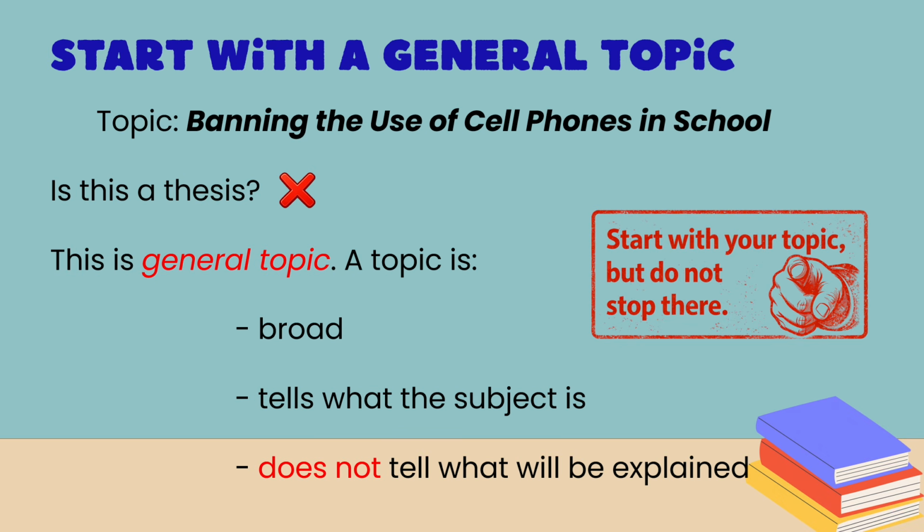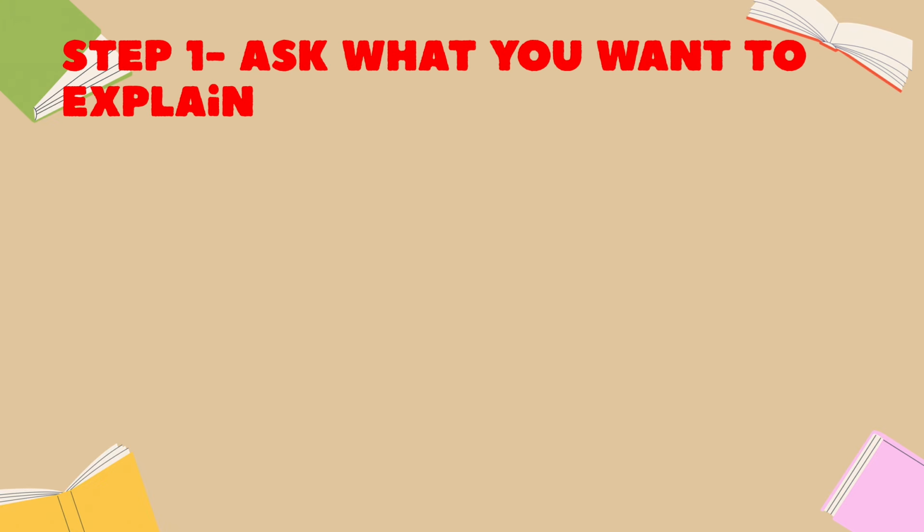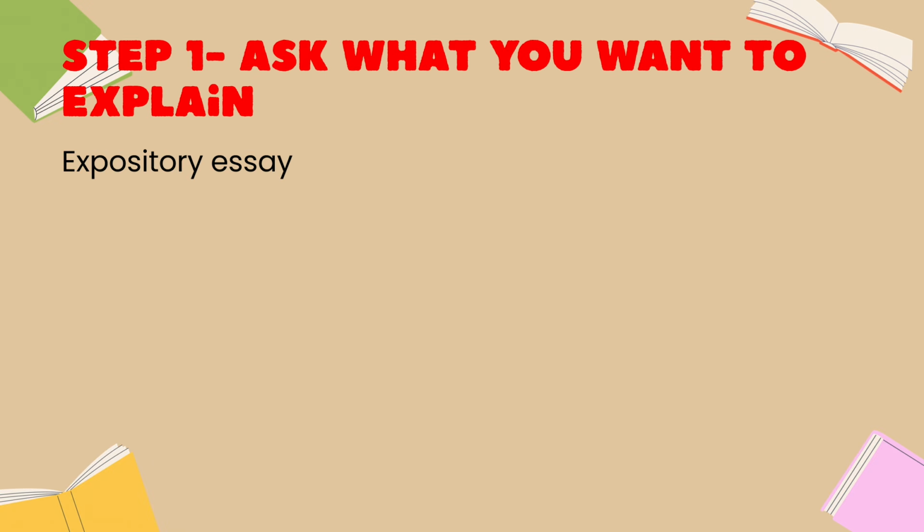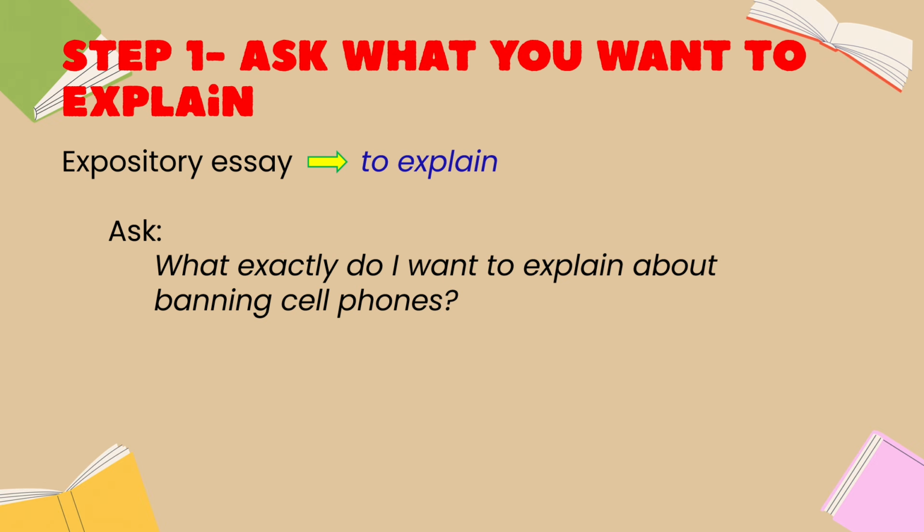Let's do this step by step. Step 1, ask what you want to explain. Since this is an expository essay, our purpose is to explain. So ask yourself, what exactly do I want to explain about banning cell phones?